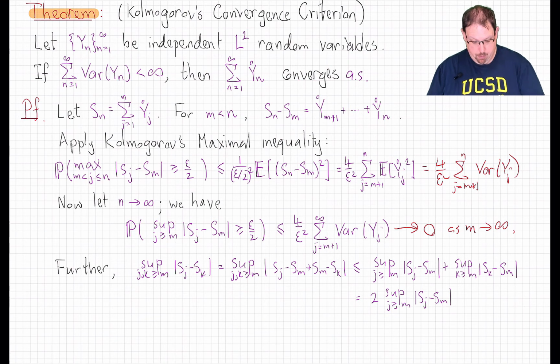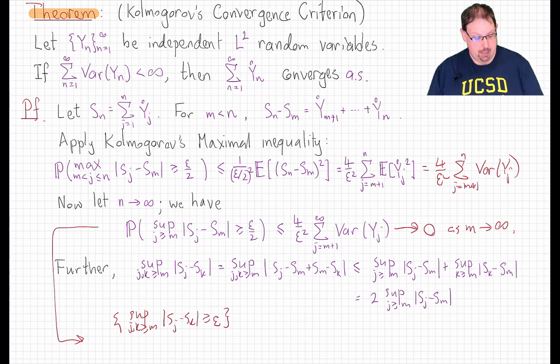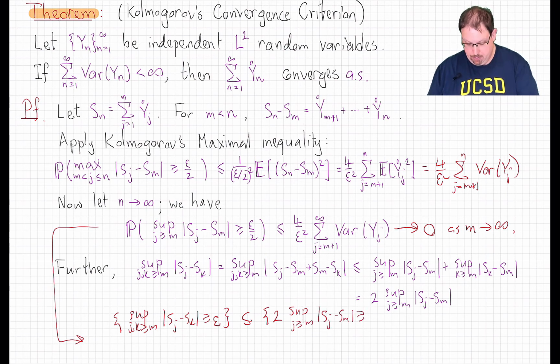Therefore, from what we proved here, we see that the event that the supremum over j and k both bigger than or equal to m of |Sj minus Sk| being bigger than our reference tolerance epsilon is contained in the event that twice the supremum over j bigger than or equal to m of |Sj minus Sm| is bigger than or equal to epsilon.